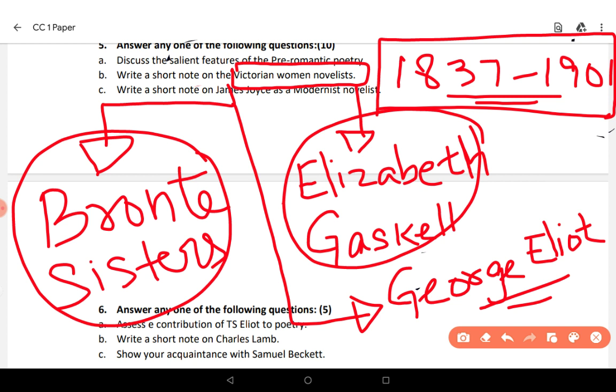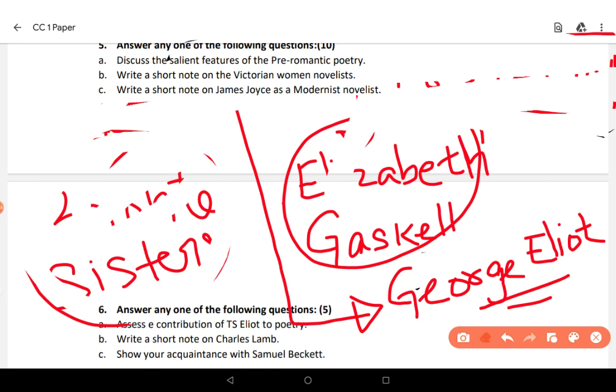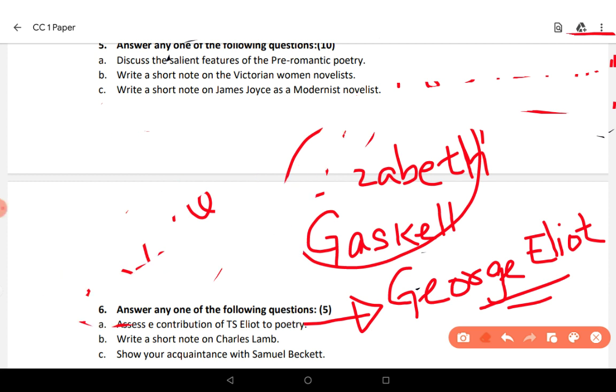And sadly, it is true even in today's time. But write all these things. You can also write this fact, how women had difficulties in writing under their own names, and your answer is complete.